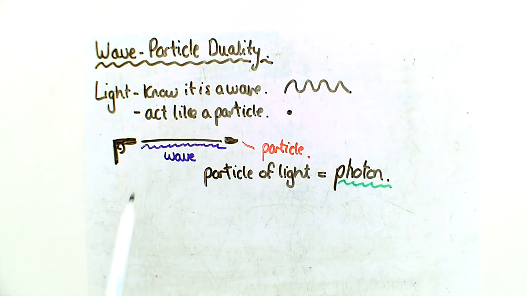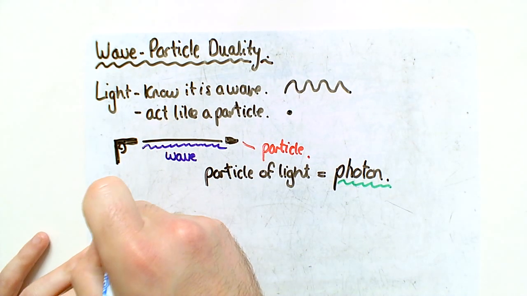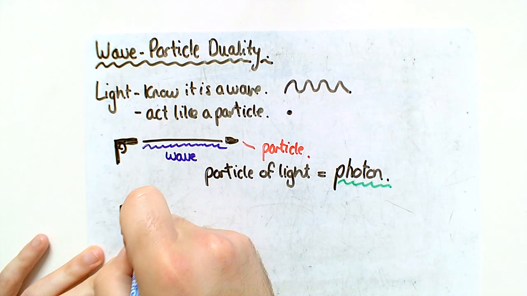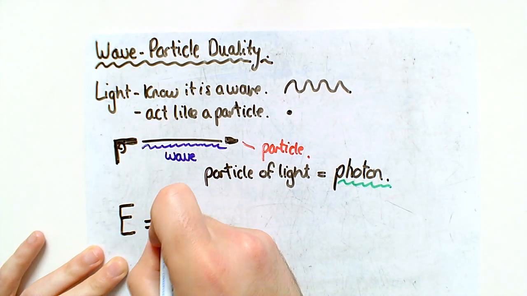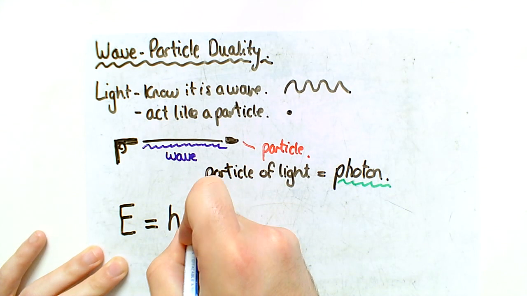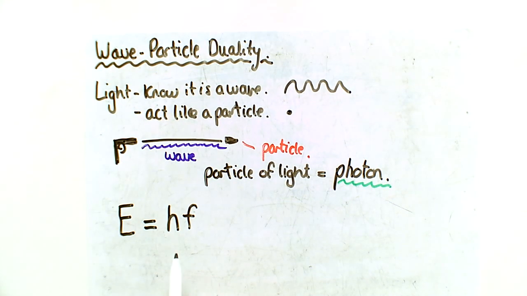And in this analogy of the gun, when I talked about the wave, it gives it the energy, it tells us how much energy. We can calculate the energy. So the energy of a photon is equal to h f. So the frequency of a wave is what determines the energy.